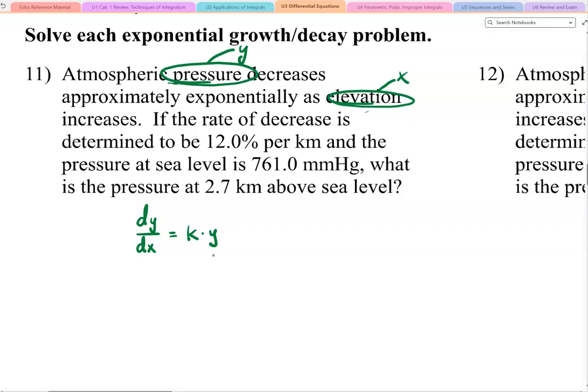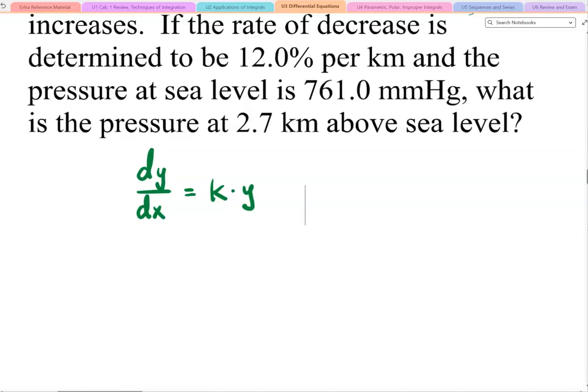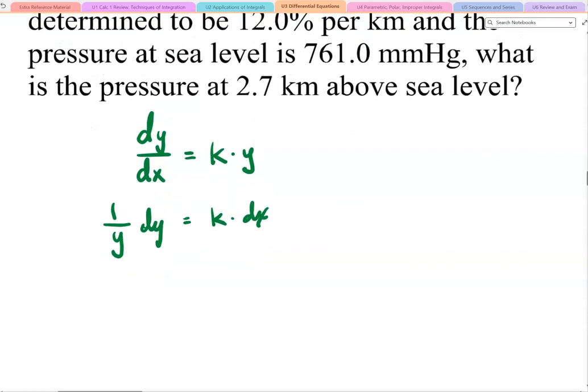Now, if the derivative of y with respect to x is equal to k times y, this too becomes a separable differential equation. We can bring the y's to the left and the x's to the right, leaving our constants on the right side as well. So we've got 1 over y dy is equal to k times dx. And if we integrate both sides, we now have the logarithm of y equal to kx plus c.